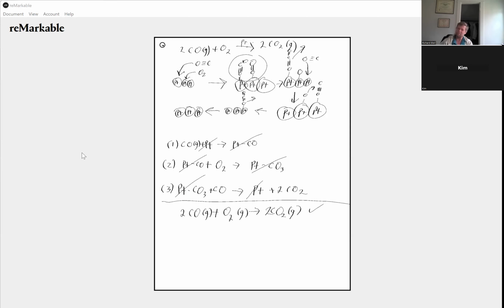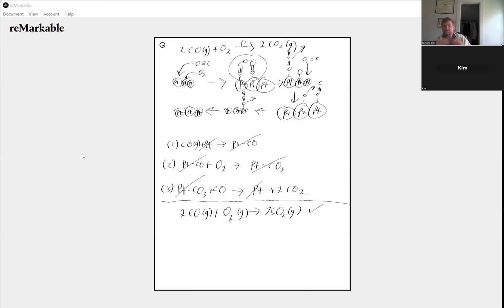So now we have a new mechanism for how the reaction occurs. And this is how catalysts act. This is why heat is not a catalyst. Heat is an energy input. It's a source of energy. It's not a catalyst. A catalyst is never consumed in a reaction. So what's actually happening here?